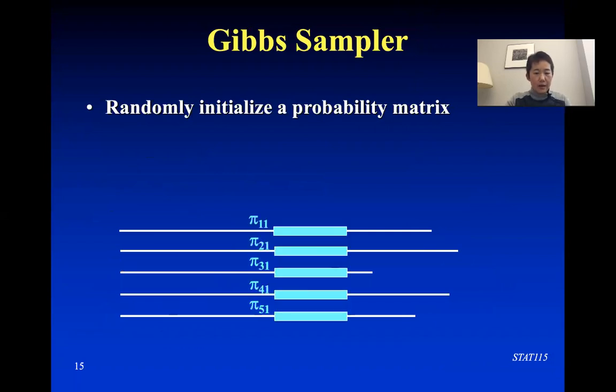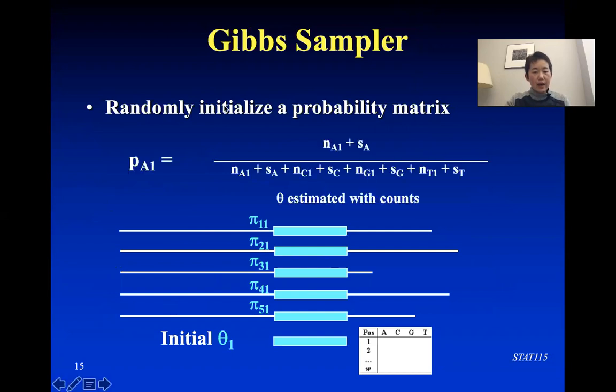Given the alignment, we can then construct an initial position weight matrix by looking at, for example, how many A's are there in the first position, plus a little pseudo count, divided by all the A, C, G, T's in that first position, plus all the little pseudo counts for each of the bases. And of course, this is only the A in the first position in the matrix. We can use the same approach to fill the current matrix.